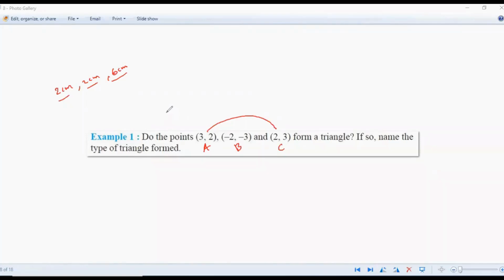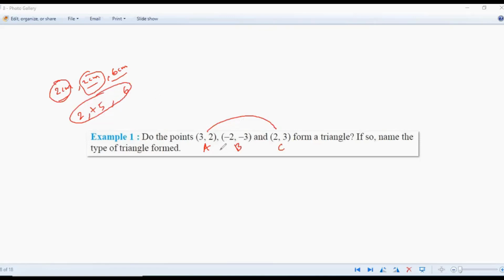The sum of two sides must be more than the third side. The sum of the 2 smaller sides must be greater than the largest side. Here 2 plus 2 is not more than 6, so using these sticks we cannot form a triangle. But if it was 2, 5, 6, then we can form one, because 2 plus 5 is 7, which is greater than the largest length given. So this is possible. Similarly, you can check here.